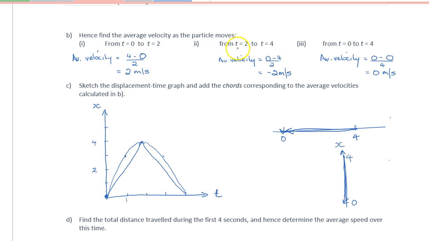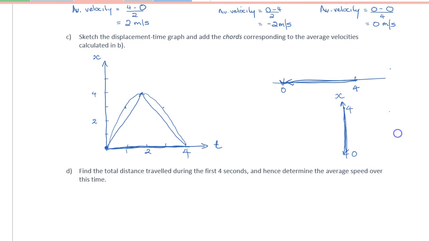Whereas the average velocity from time 2 to time 4, and that's a 2 and that's a 4, is this chord, and you can see it had a negative gradient, has a negative calculation. Whereas if we're going from time is 0 to time is 4, then we're going here. That's our chord. What do we know about the gradient of that chord? It has a gradient of 0.